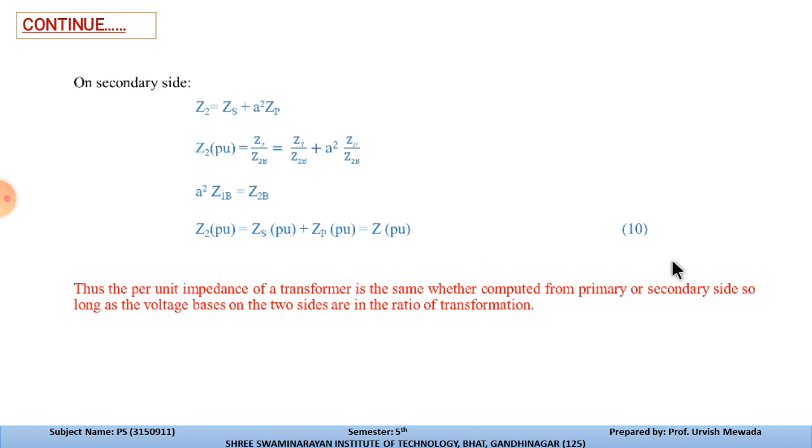So this is equation number 10 for the per unit impedance for the secondary side of the transformer. Thus the per unit impedance of the transformer is the same whether computed from the primary or secondary side, so long as the voltage bases on the two sides are in the ratio of the transformation.